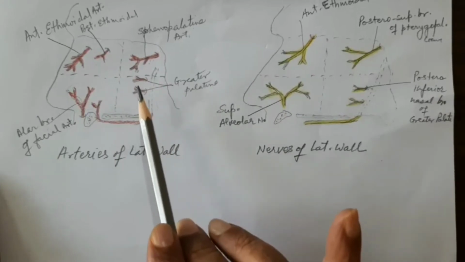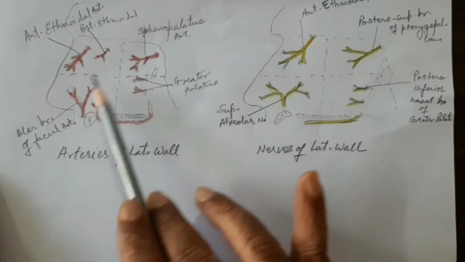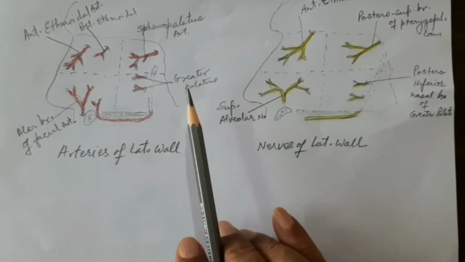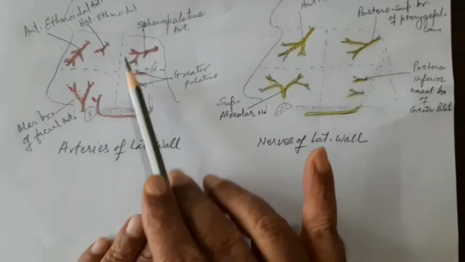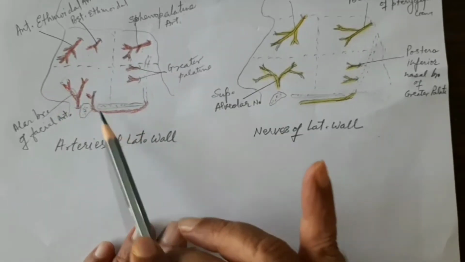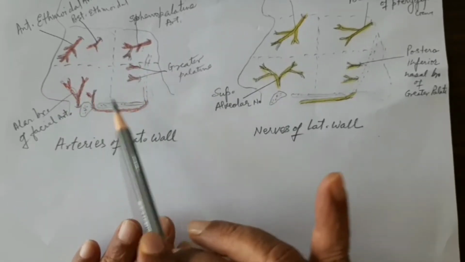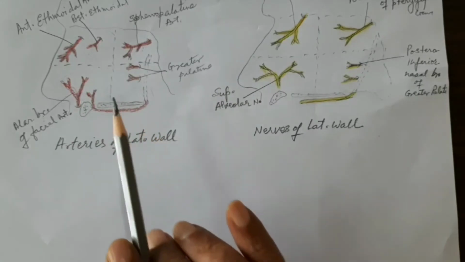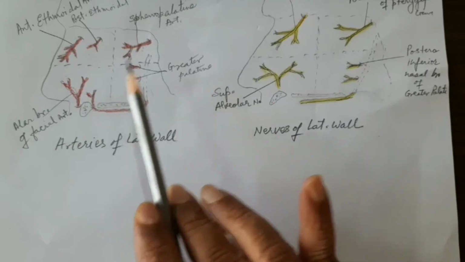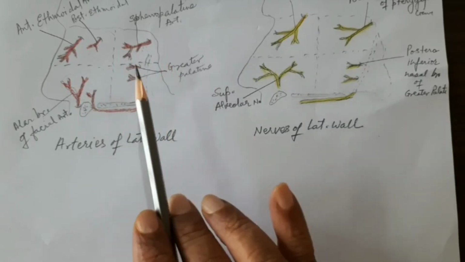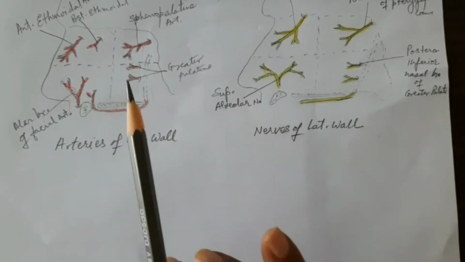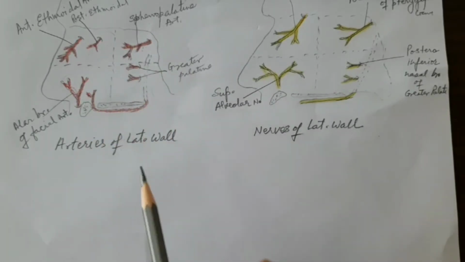And the veins of the middle part will drain into the pterygoid plexus of veins, which lies on the lateral pterygoid plate in the infratemporal fossa, and which communicates with the cavernous sinus. So the facial vein has communication through the pterygoid venous plexus with the cavernous sinus.